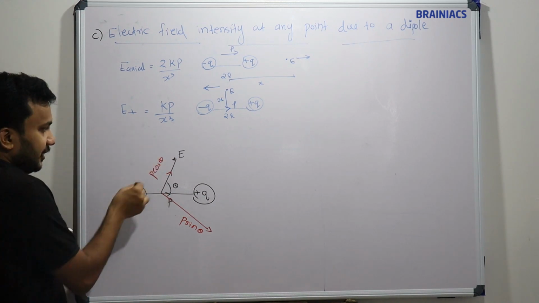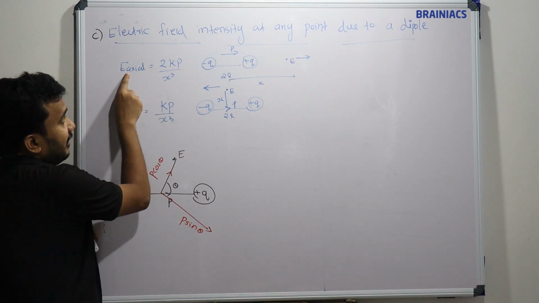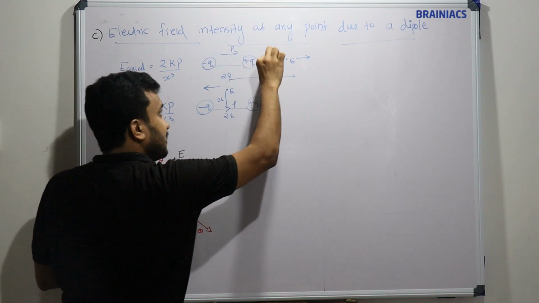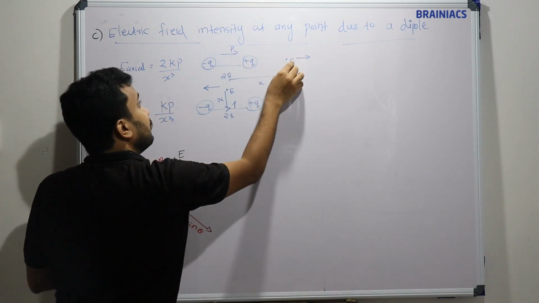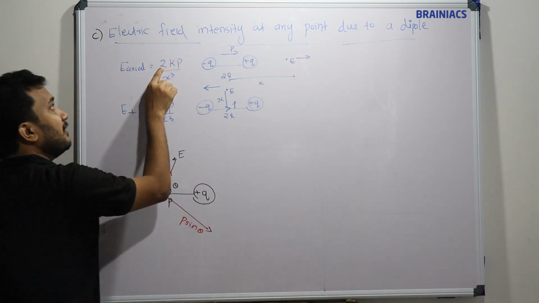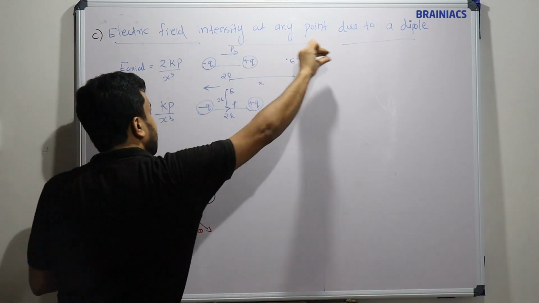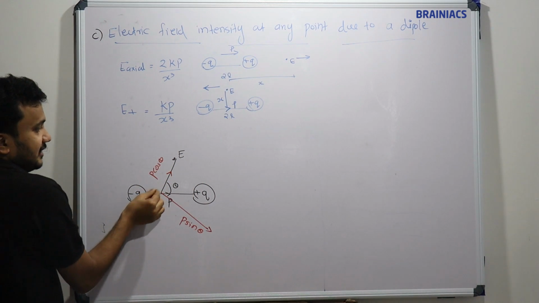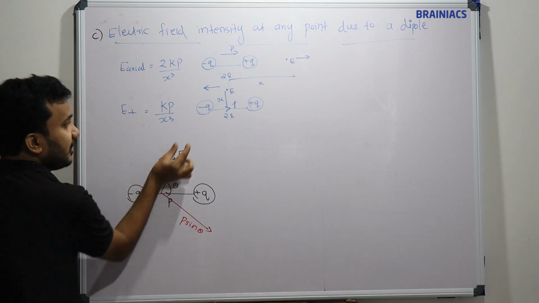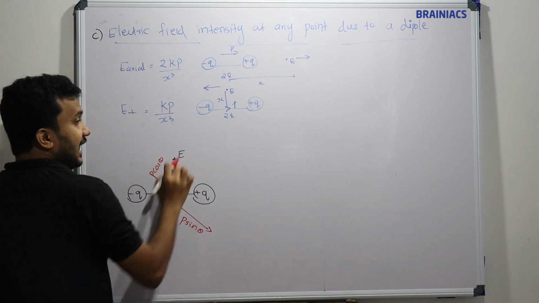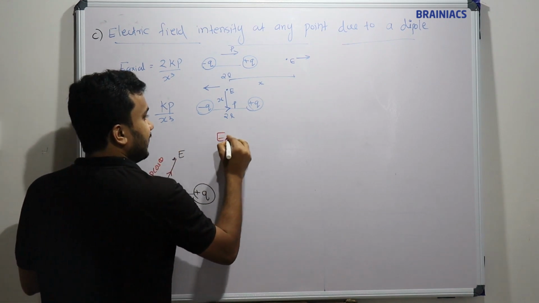Listen very carefully. While writing E axial, the dipole moment is passing through the same point as the electric field intensity, so we write 2kp by x cube. Here P is passing through the same point, and in this case P cos theta is passing through the same point. So what is that axial component?